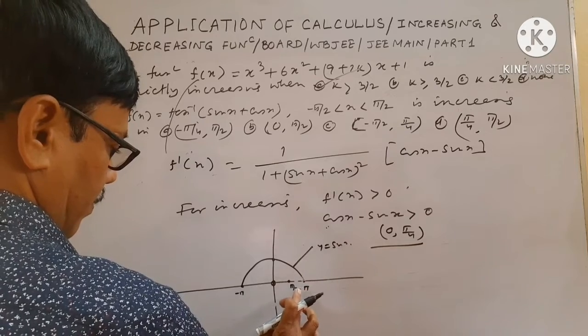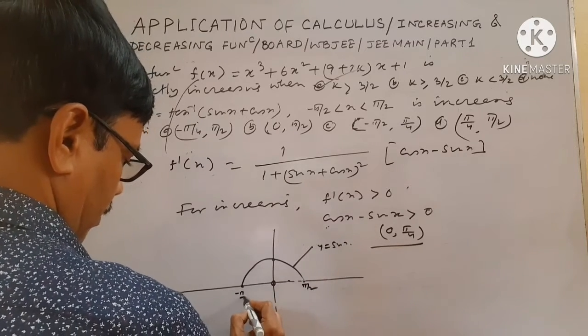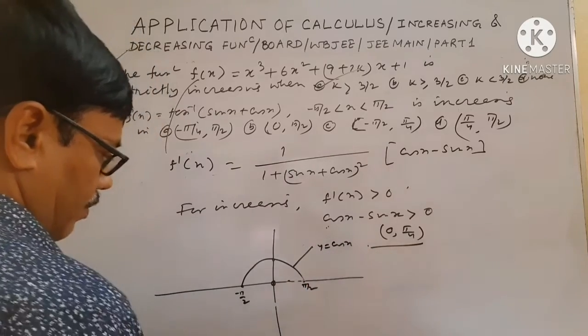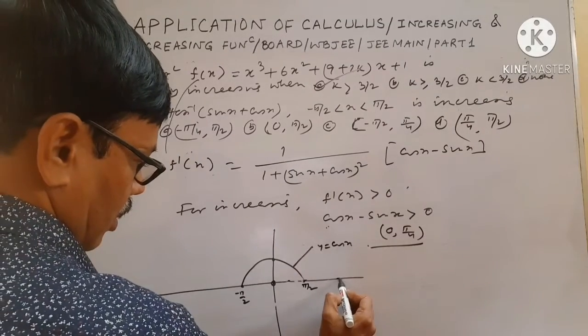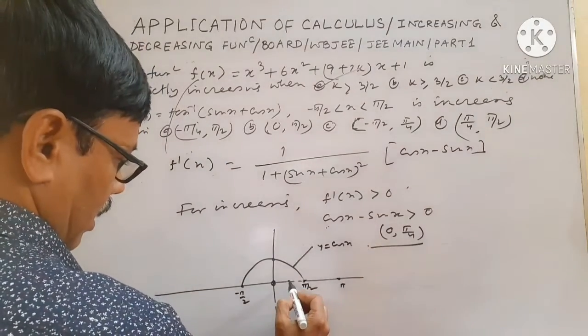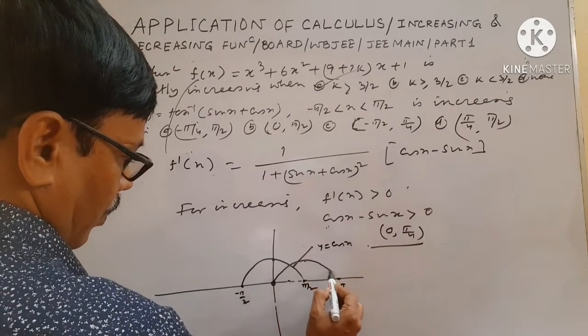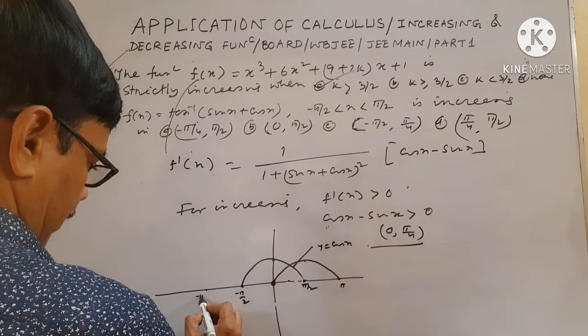Pi by 2, this is minus pi by 2, y equals cos x and y equals sin x. From 0 to pi by 2, this is 1. So the graph is, this is minus pi.